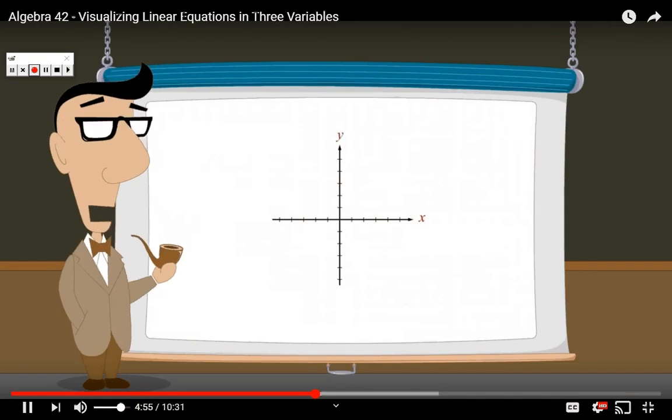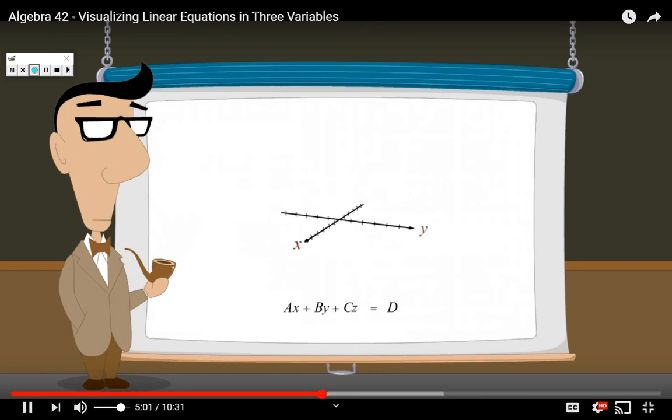Now let's try the same thing for a linear equation in 3 variables, setting the coefficients of all but one of the variables to 0.